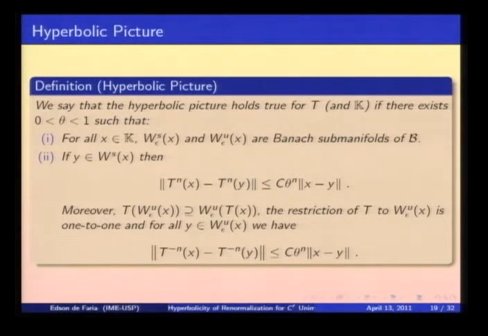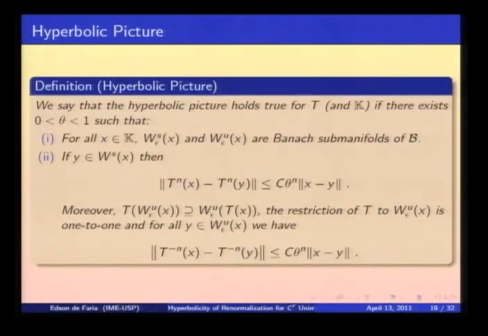The local stable sets and the local unstable sets are Banach submanifolds of this Banach space. You have contraction along the stable sets, and expansion along the unstable sets. There's also a condition that T must be invertible along the unstable directions.